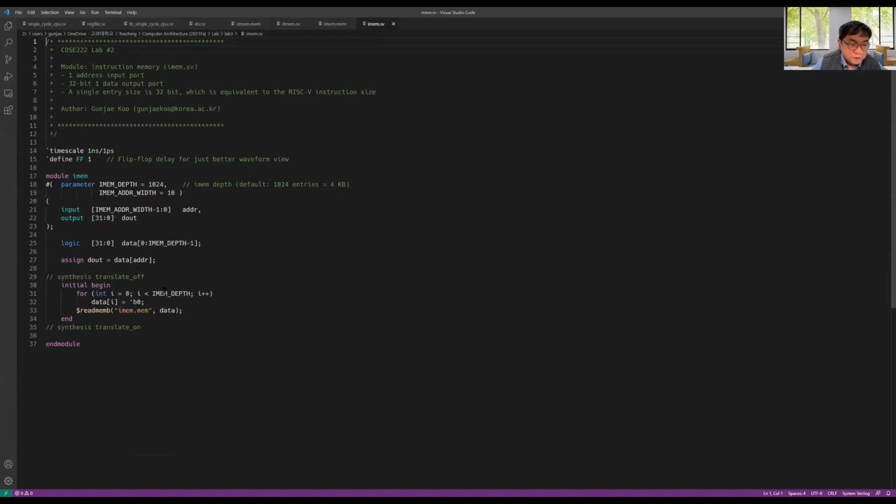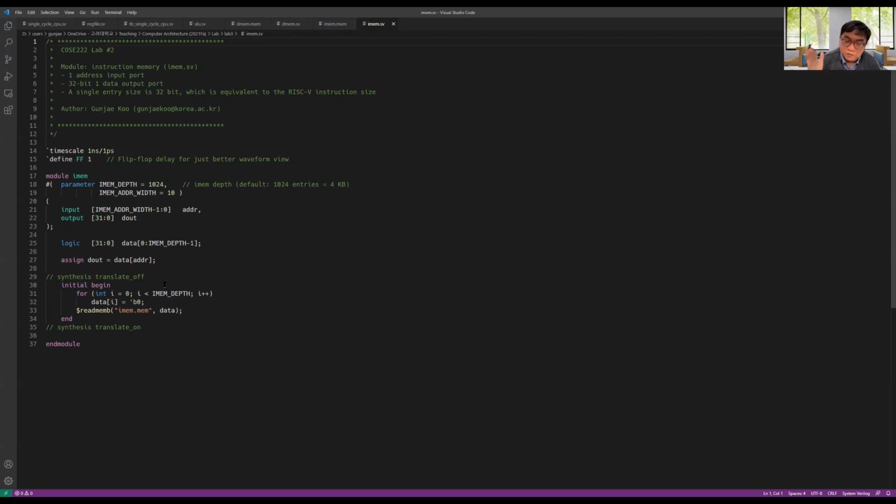Some students asked about this FF. Actually you don't need to use this FF. Normal RTL designers frequently use this FF for the output of the D flip-flop, because the output of the D flip-flop changes at the rising edge of the clock. That means that in the real design, the D flip-flop also has delay.